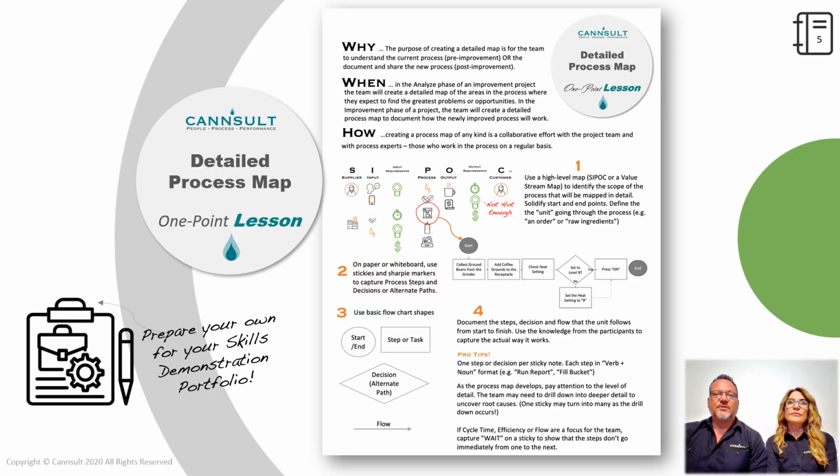There are many ways to create detailed process maps. In our 1-point lesson, there are the basic instructions and tips to create a detailed process map with a SIPOC as the starting point. Remember, detailed maps get messy, and then they get even messier, so don't freak out until the team has a complete picture of the areas that they need to examine in detail.